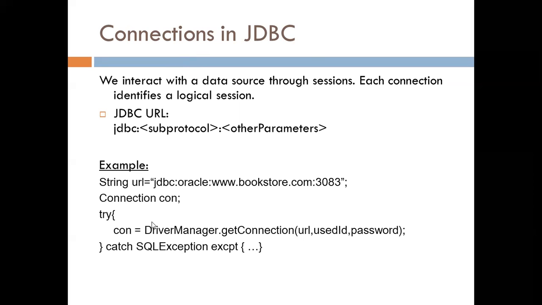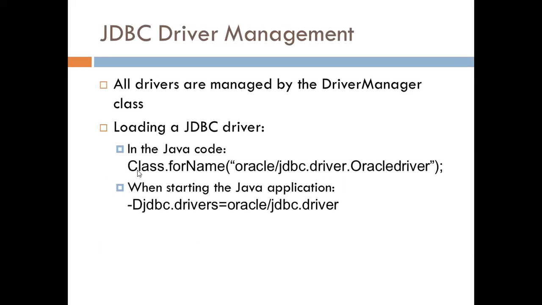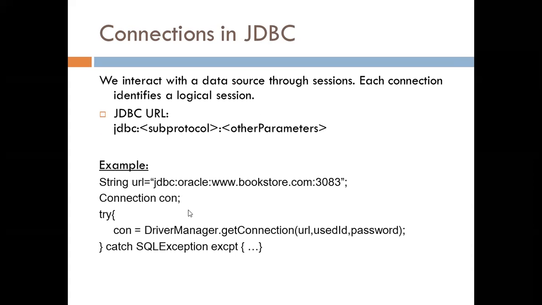Whatever API we call next will use this particular object, the connection object con. And DriverManager is a static class that gets loaded when we call Class.forName. So the first statement is Class.forName, and the next statement is DriverManager.getConnection.